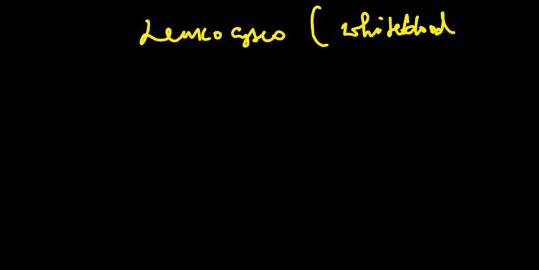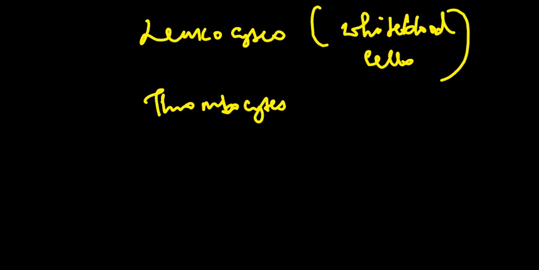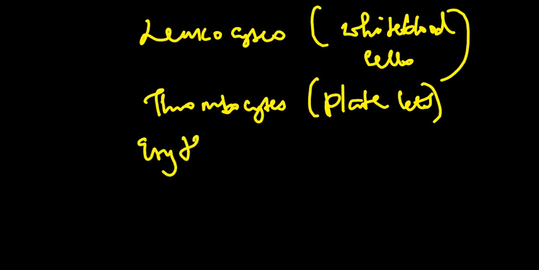What are your leukocytes? They are simply your white blood cells. Then you have your thrombocytes, which are your platelets. What else? Erythrocytes, which are your RBCs, or red blood cells.